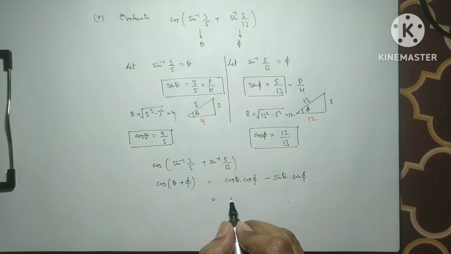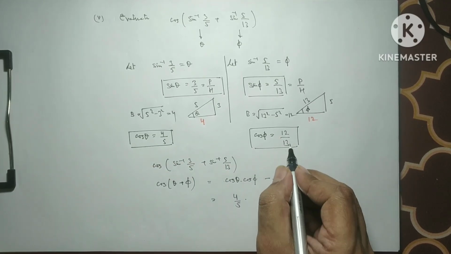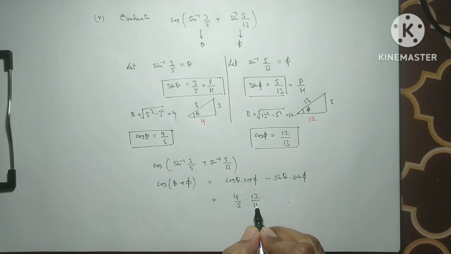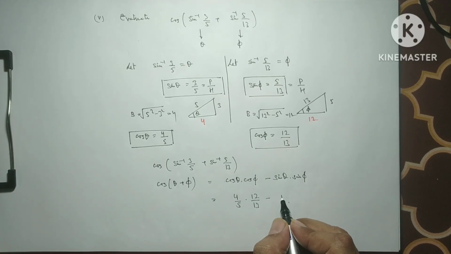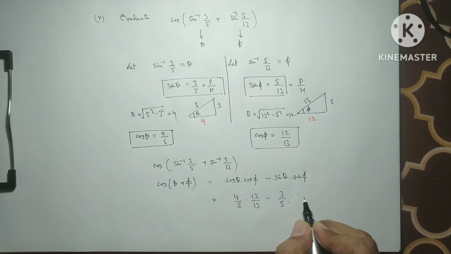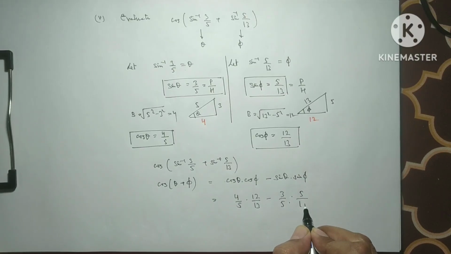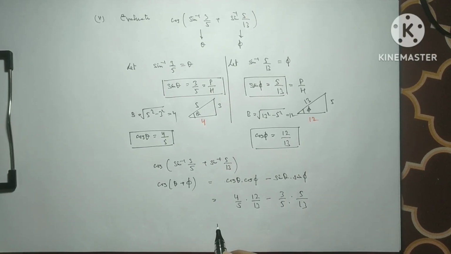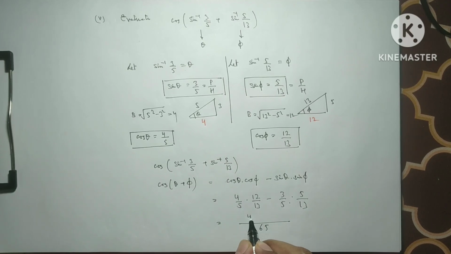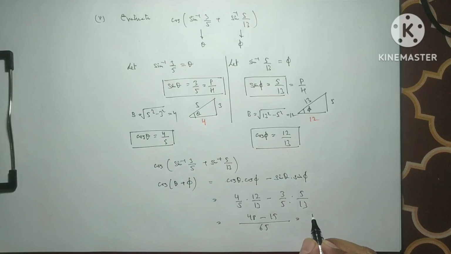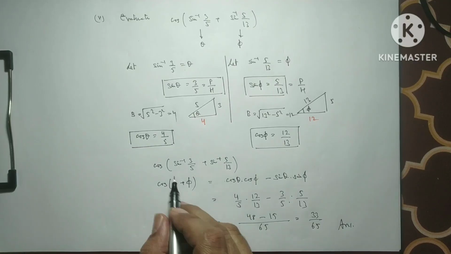So cos theta value is 4/5, cos phi is 12/13, minus sin theta, and it is 3/5 and sin phi is 5/13. So LCM is 65, it is 48 minus 15, so we get 33/65. This is the answer of this expression.